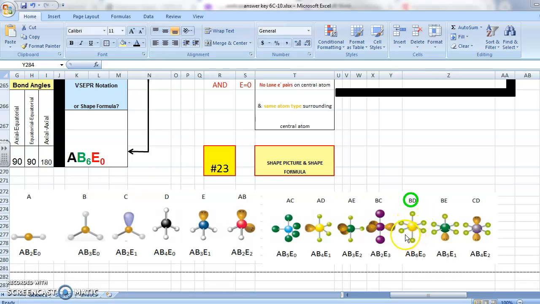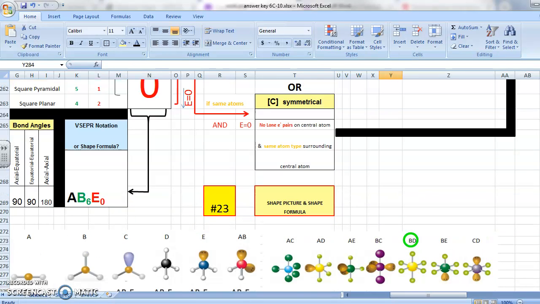Well, there are 4 atoms making up that equatorial plane. If we go all the way around one time, it's 360. 360 divided by 4 is 90. Each of these angles between the equatorial atoms are 90. What's the angle between the equatorial and the axial? Those are also 90, if we were asked for those angles, but we weren't.